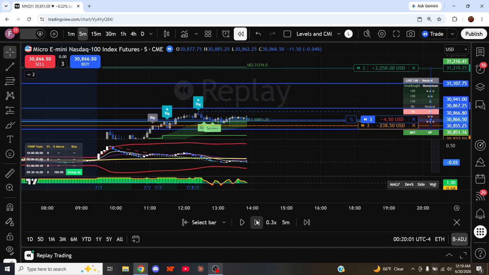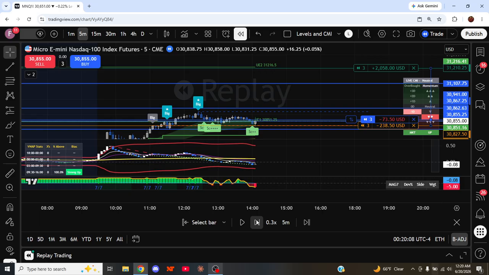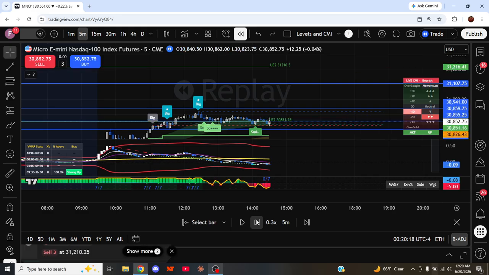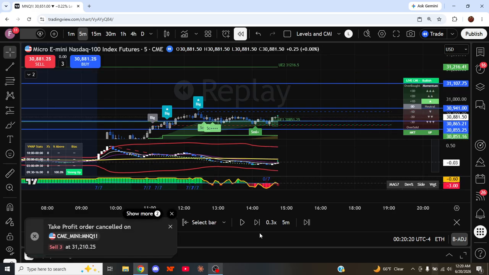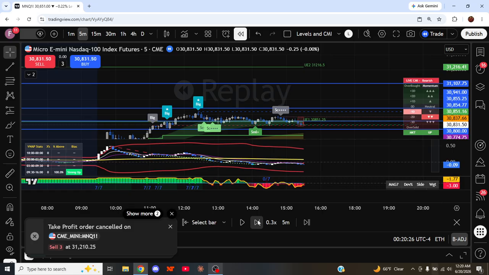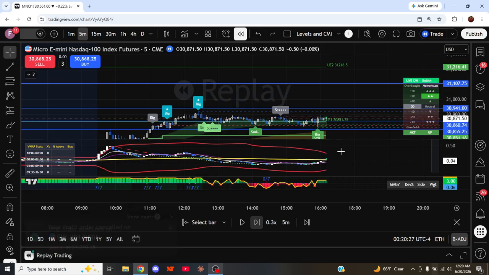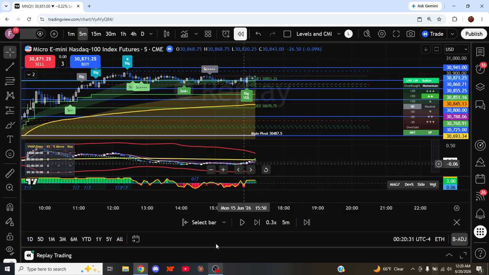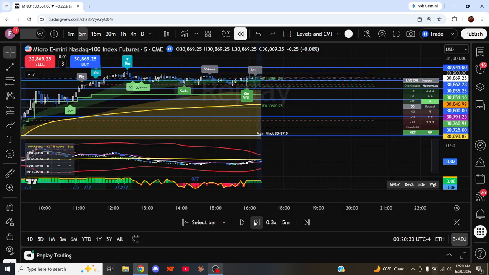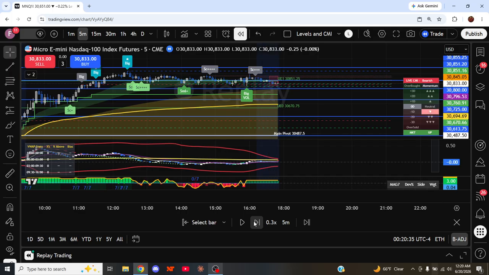Now we're going into the end of the night. Looks like it's not going to happen. Into this session, just moving sideways after this whole big up.